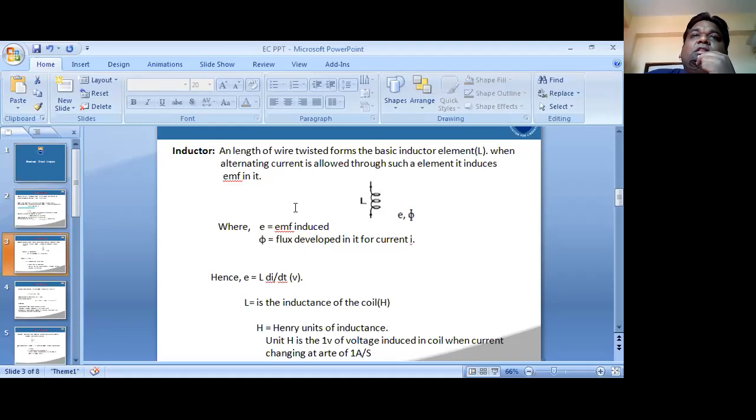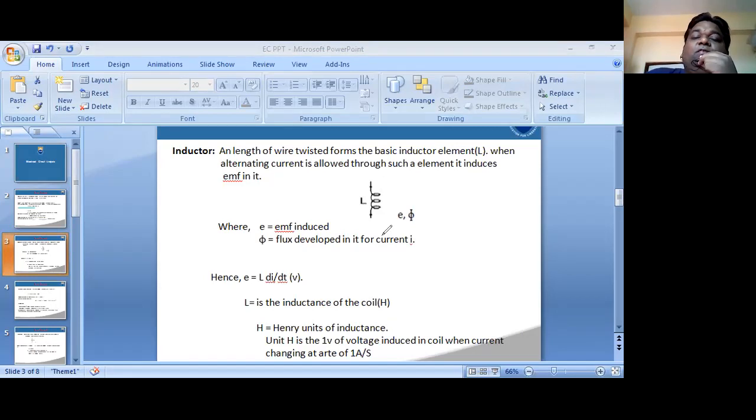By taking a length of wire and twisting it, it forms a basic inductor element. Here we can see the symbol of the inductor element. So take your own wire and twist it in a spherical form. It forms a basic inductor element.